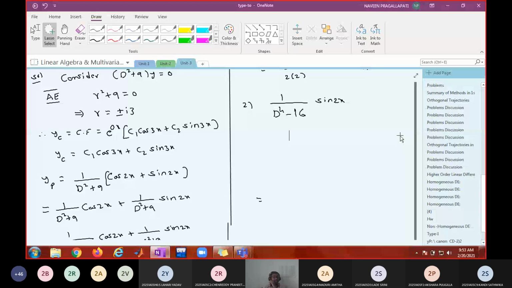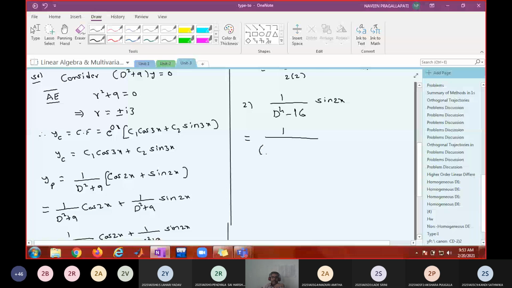That is what I did just now, and that is giving 0. If I use the formula a square minus b square, 4 square into d square minus 4 square, somebody said, so this is d square minus 4 into d square plus 4 sin 2x.